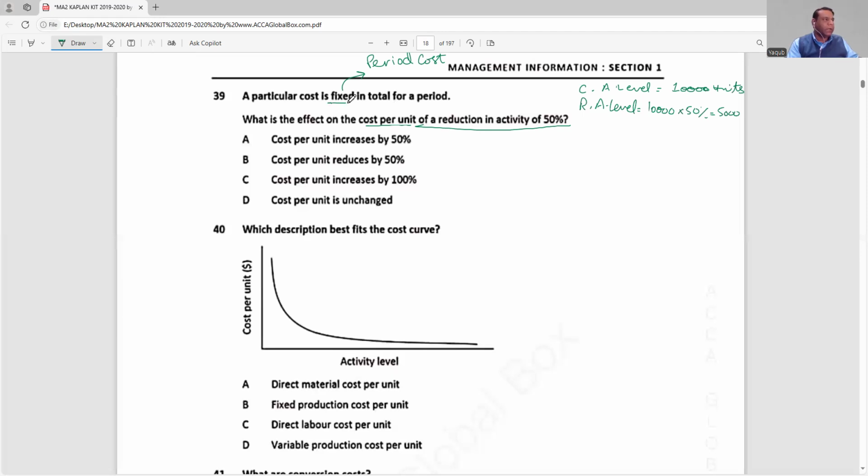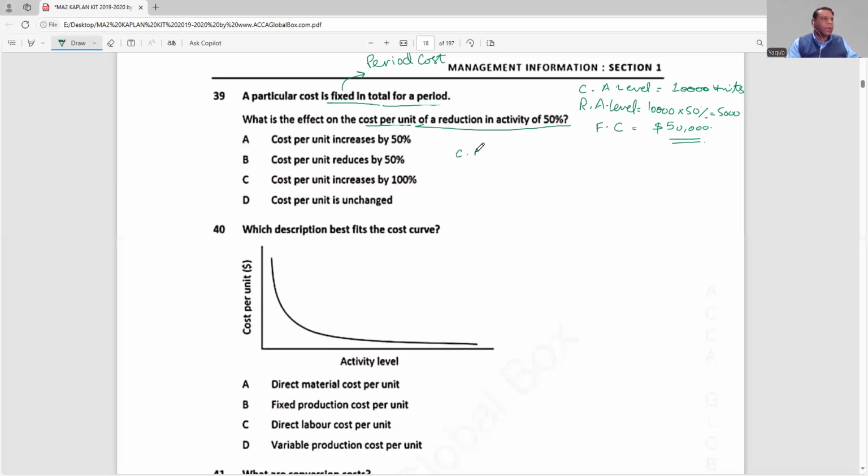In fact, here he says that a particular cost is fixed. So we have a fixed cost of, suppose, 50,000.